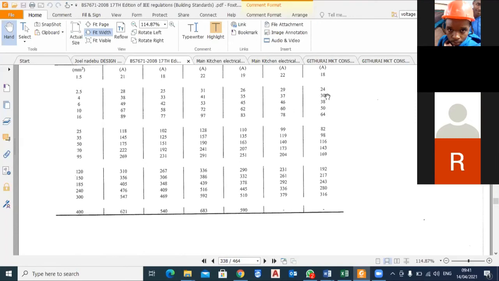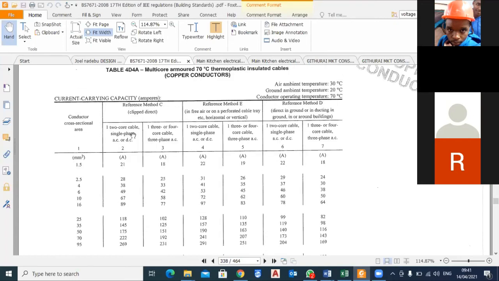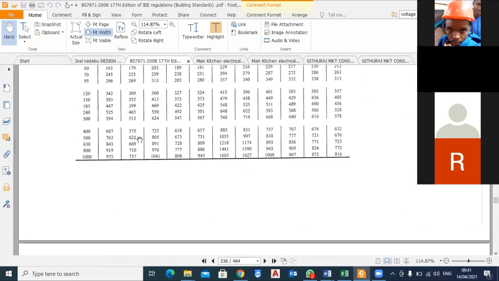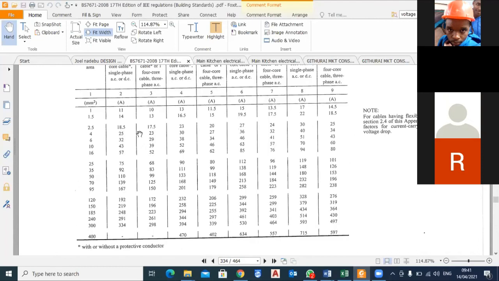Okay, for sockets, you said that one circuit should contain 10 of them. Yes. What will guide you when it comes to lighting? Are there some things that can at least guide you? For lighting, let me go back to that table.